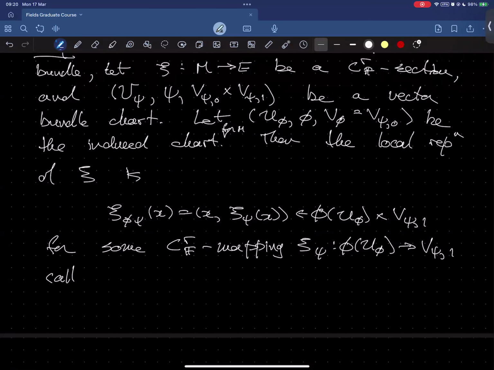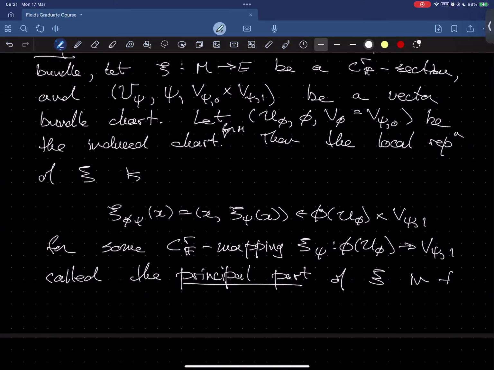This thing is called the principal part of C in the chart V psi, V psi 0 cross V psi 1.